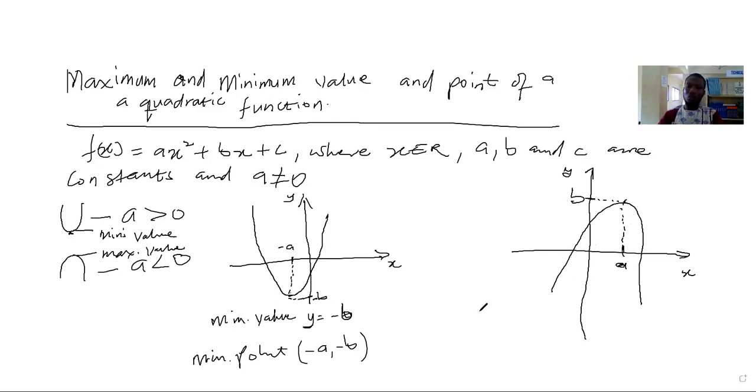So the maximum, remember, this is open downward. So the maximum, we cannot get a minimum value here.